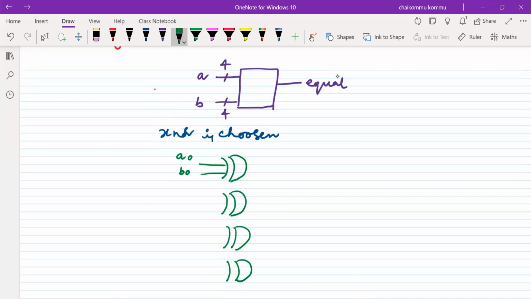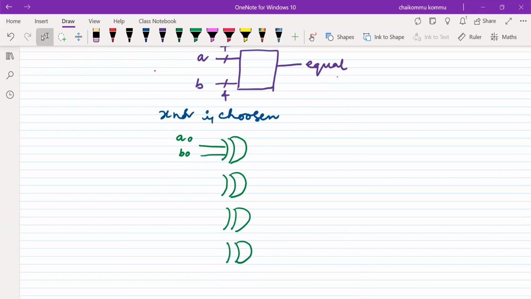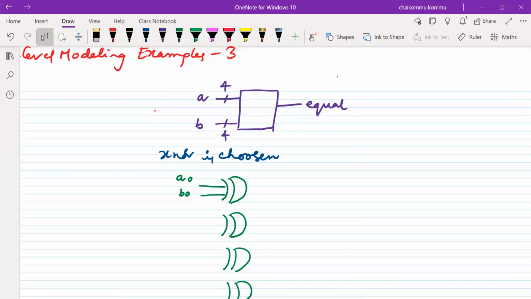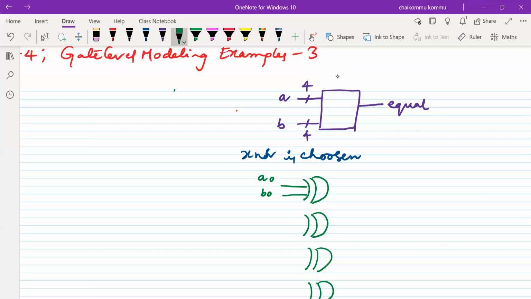Normally, in the vector notation, A stands for A of 3, A of 2, A of 1, A of 0. Similarly, B is equal to B of 3, B of 2, B of 1, and B of 0.